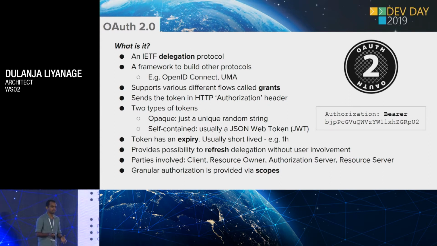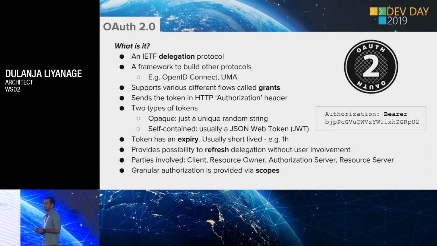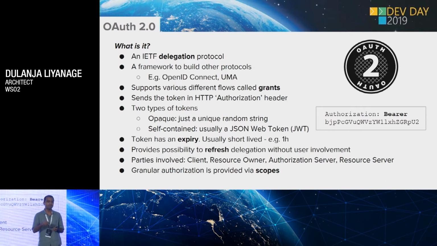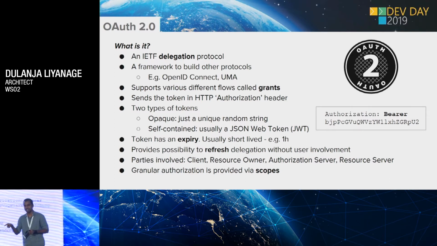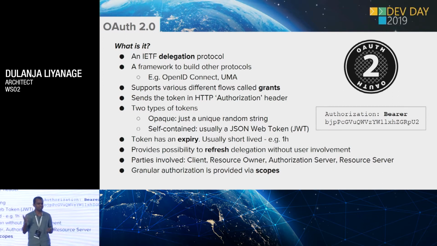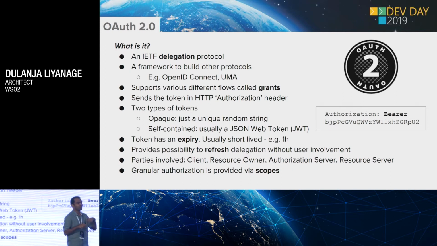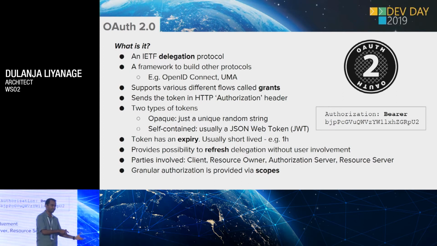Now, how this used to happen before OAuth came was, for example, Twitter used to ask for your email username and password, so it can go to email and find the contact list and send an invitation or something. So you are giving your credentials, which are of Gmail maybe, to Twitter, so it can do this.